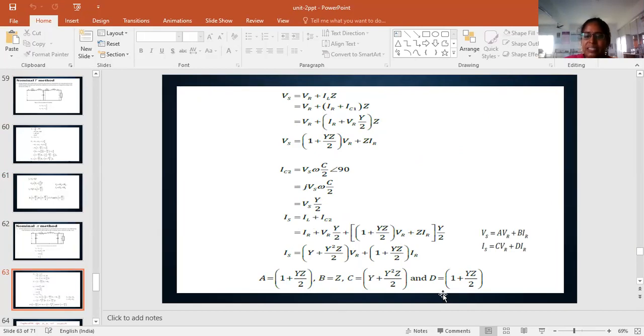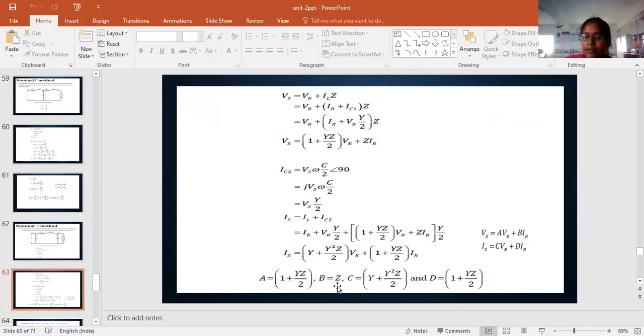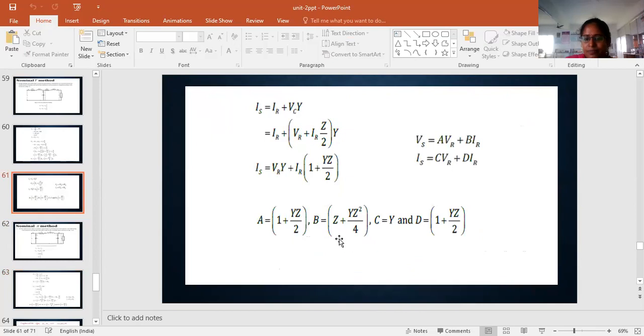And for the B and C values, some change will occur. For the nominal pi method, B value is Z, okay? And C value is y plus y square Z by 4, okay? And for the nominal T method, those values are exchanged.